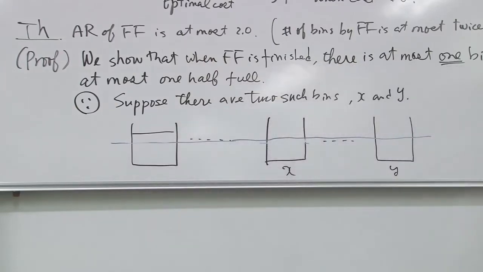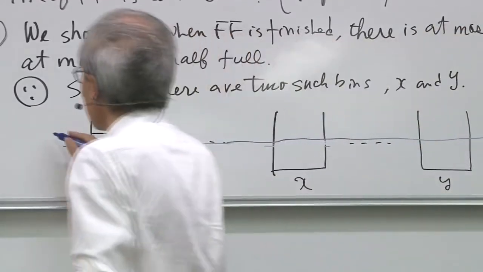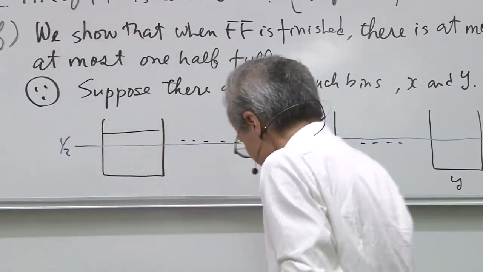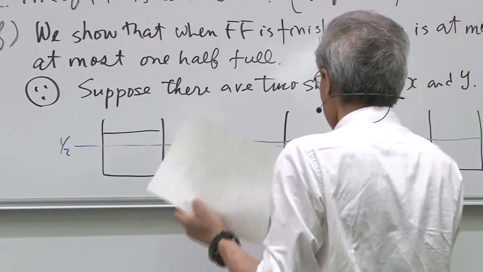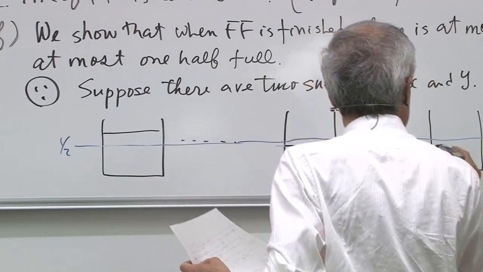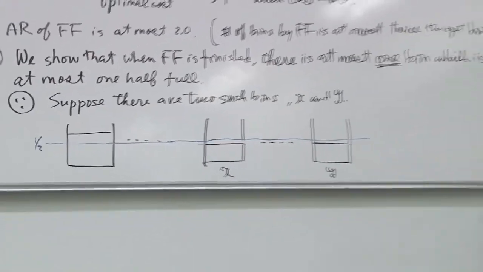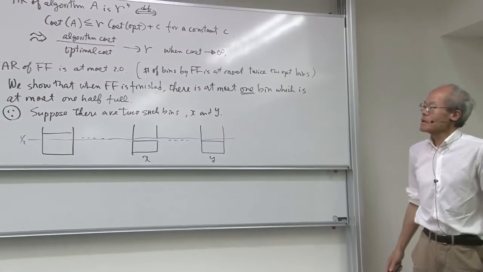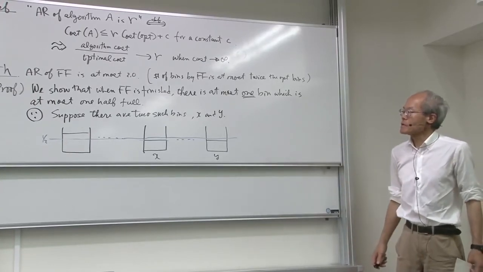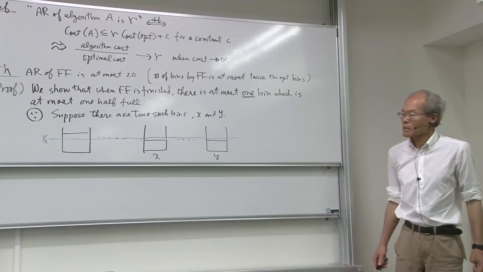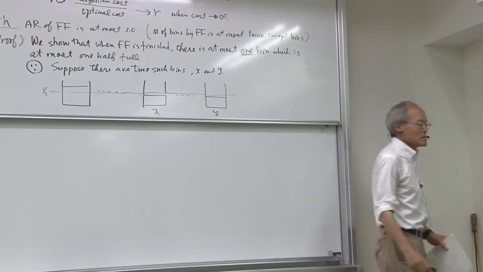This is a half line. X is at most half, and Y is also at most half. So suppose that there are two such bins, X and Y. Then we can imply a contradiction.